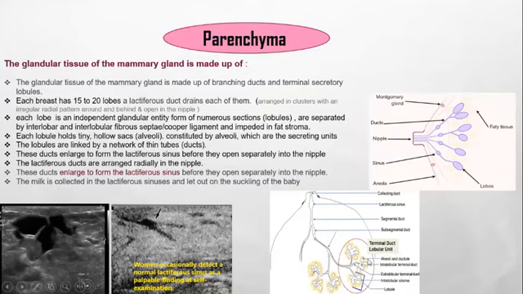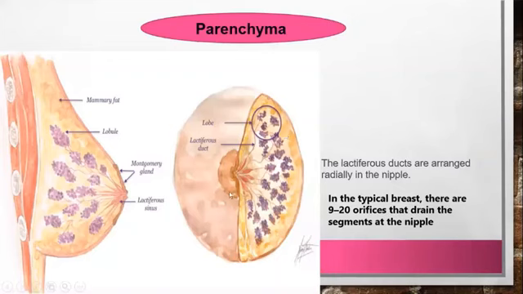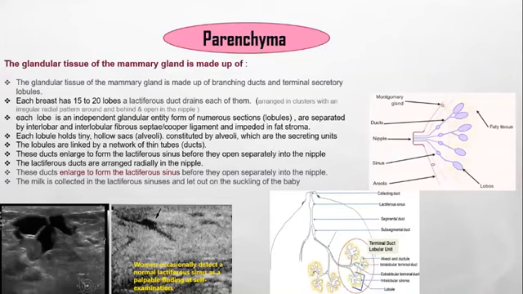These sections are lobes. The lobes contain hundreds and hundreds of lobules, and the lobules contain multiple acini and alveoli, which are the factory of the milk. These sections are embedded in the breast stroma and separated by the Cooper ligaments or the fibrous septa.